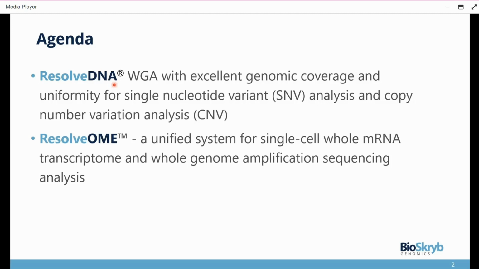The second, and perhaps most important in the era of multi-omic analysis, is Resolve-Ohm. Resolve-Ohm takes the same Resolve DNA chemistry and adds in full-length cDNA analysis. Today, we will therefore inform you on technology for whole genome and whole transcriptome analysis from the same single cell.